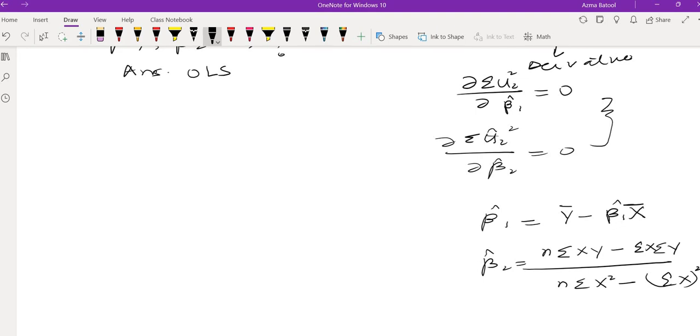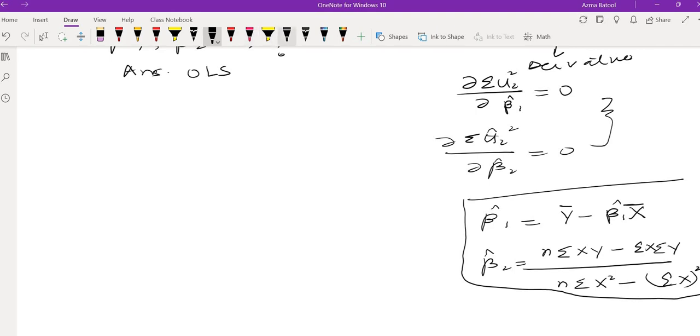So lots of details are there, but let's be specific with what we are aiming to do. We are trying to fit these formulas and get the values of beta 1 hat and beta 2 hat using them.